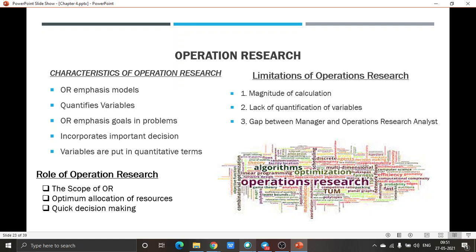Now the model may be simple or complex depending on the type of variables involved. That is to say, the entire problem shall be presented in the form of a model which can be easily understood by others. Next one is it quantifies variables.